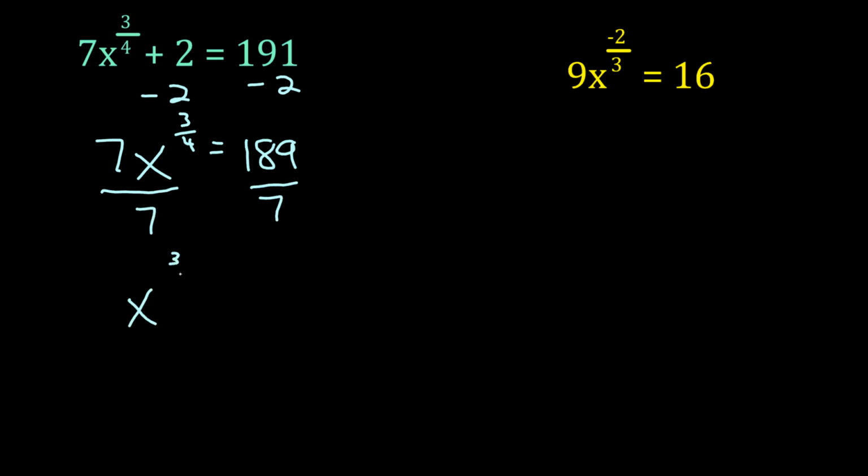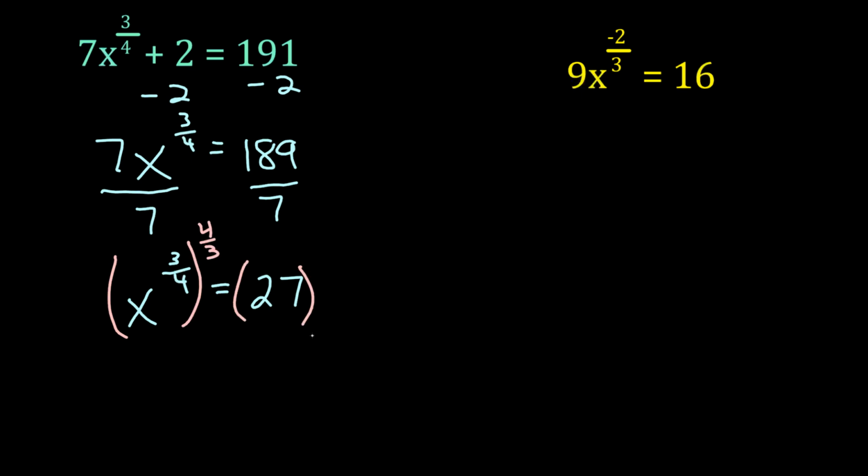And I get x to the 3/4 equals, I don't expect you to know this off the top of your head, but this is 27. Right, yep, I'm just verifying in my head. Yep, that's 27. And so then just like on the last one, I want to get rid of this 3/4 power. And so I can take both sides to the 4/3 power.